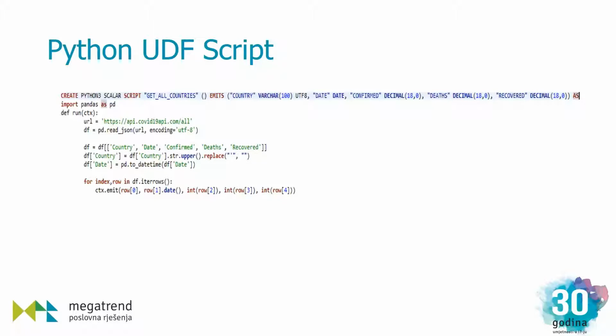So this is the example of a script that gets data from all countries. You can see that we imported the pandas library, and in the last line of this script, you can see the emit function that presents the data that we get.